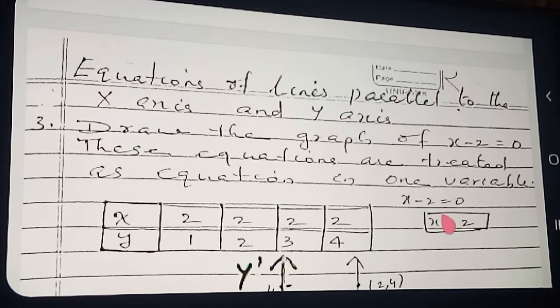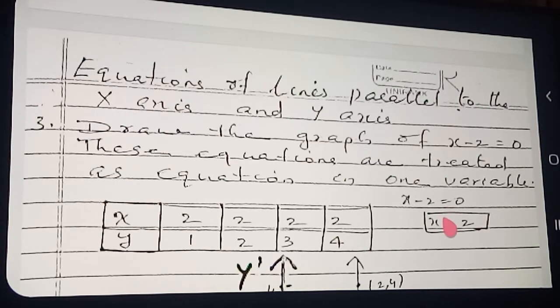No, because 0y means 0 into 1, 0 into 2, 0 into 3 and 0 into 4. Its value never changes. Therefore, x minus 2 is equal to 0 means the value of x will remain always 2 for any value of y.